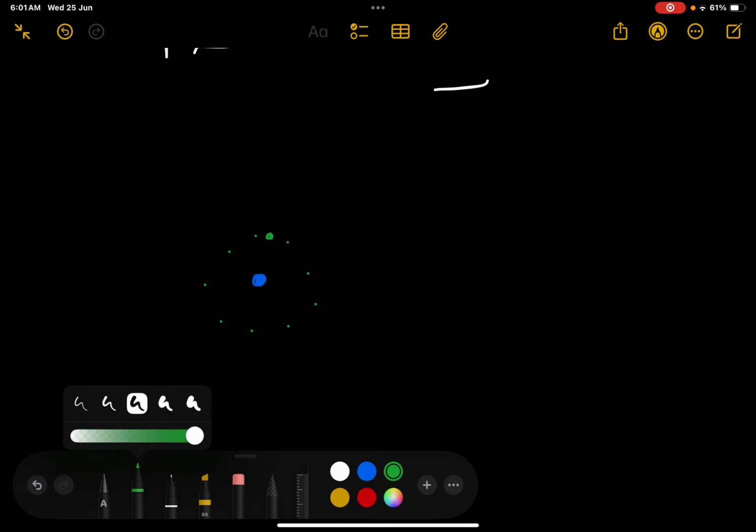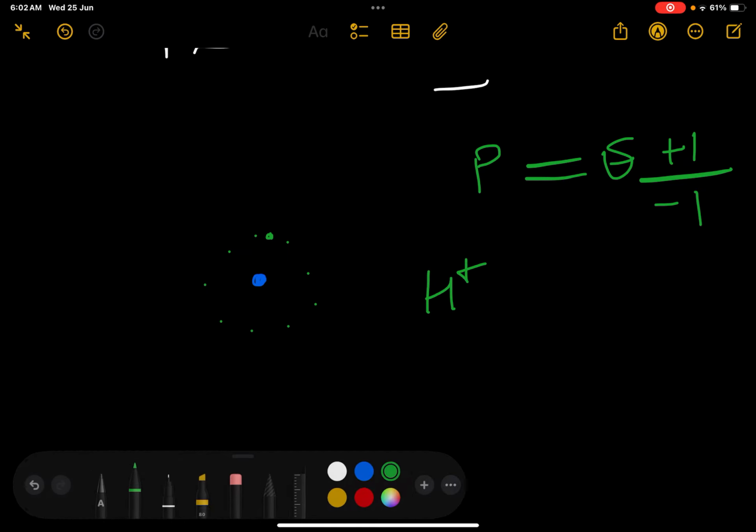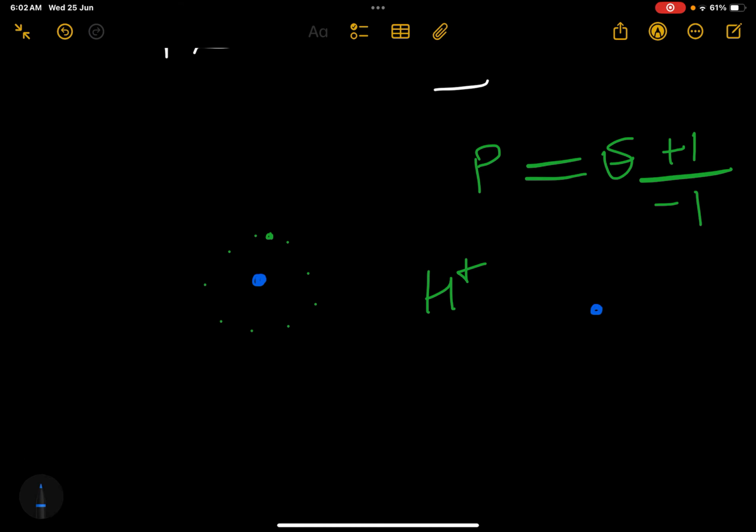Well, atoms have an equal amount of protons and electrons, hence the charges are balanced out. But in an ion, there are usually more or fewer electrons. With hydrogen, you often find the H plus ion. Here you'll find that there's a proton, but there's no electron in the outer shell.